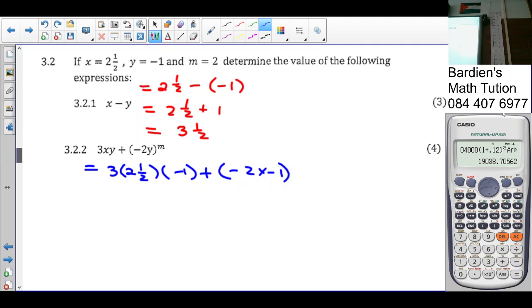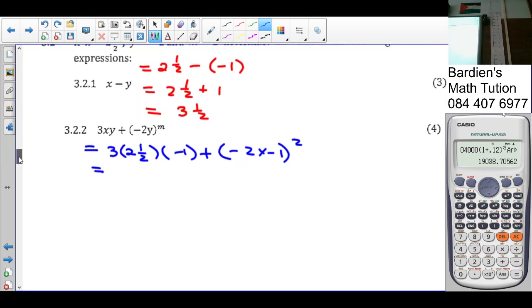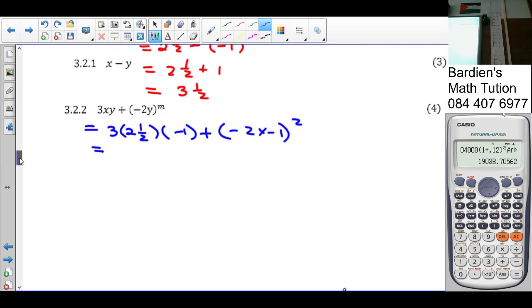Now what is m? 2. So from here, this is a matter of simplifying. I'm going to change that to an improper fraction. So it's going to give you 3 times 5 over 2 times negative 1. At this point, I'm going to sort inside the bracket out first. So negative 2 times negative 1 is positive 2 squared.